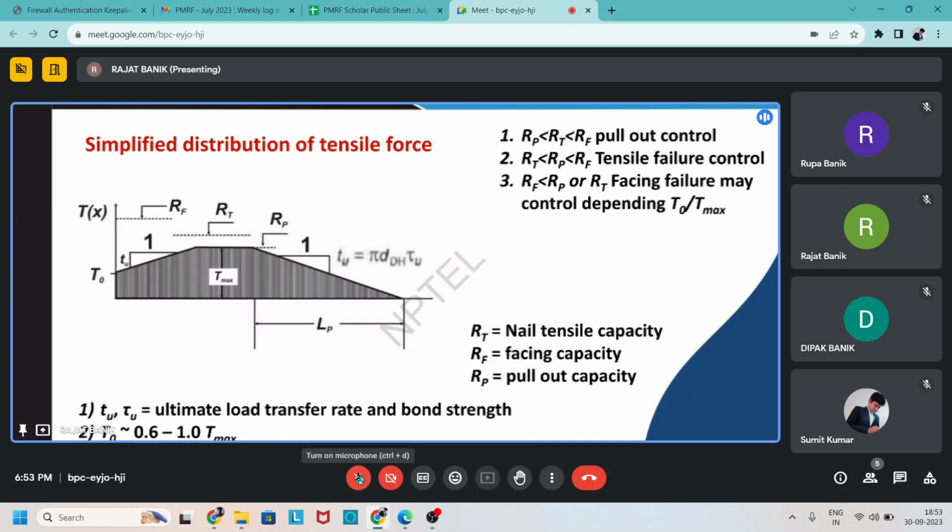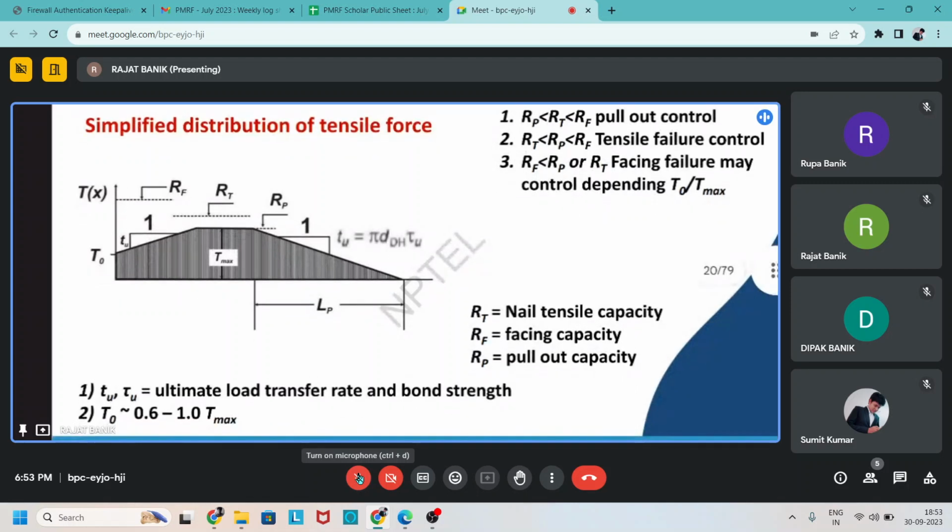And this is controlled by T naught by T max. T naught is the phase strength, tensile strength, and T max is the maximum tensile strength during this soil nailing. And the maximum is dependent on the ultimate strength of this soil nail.